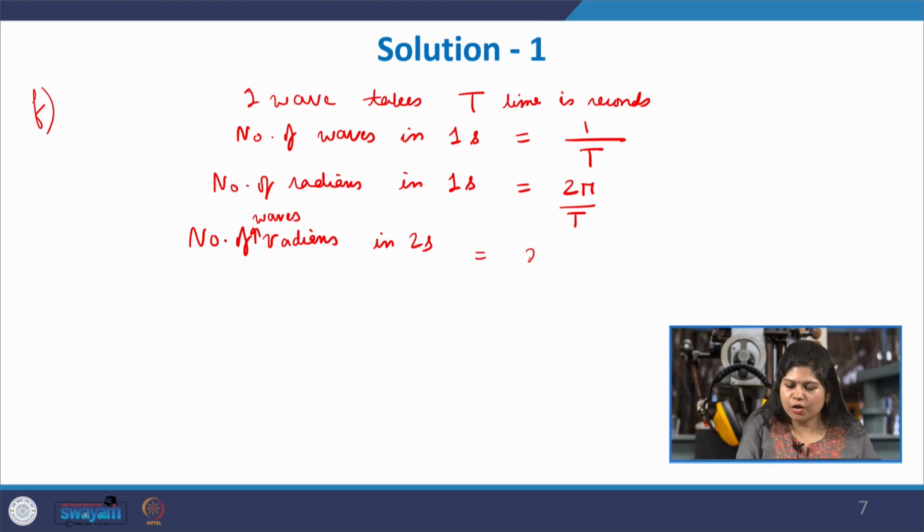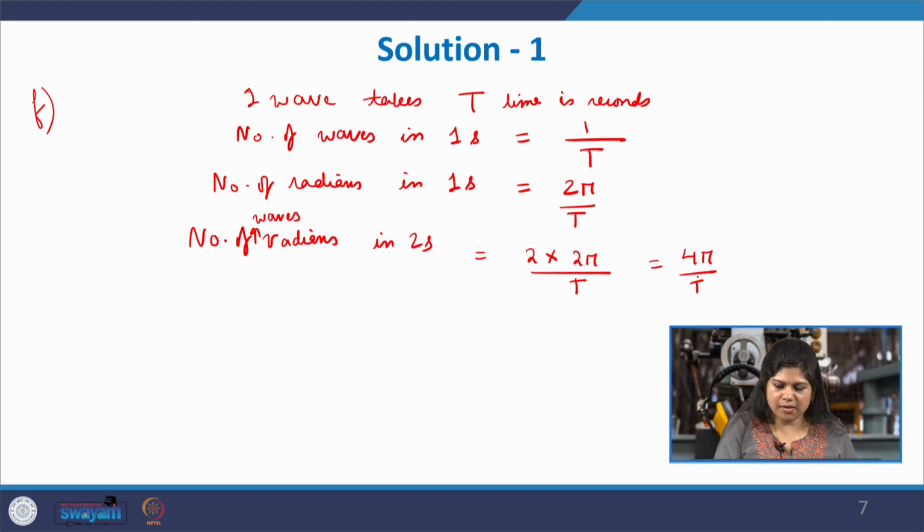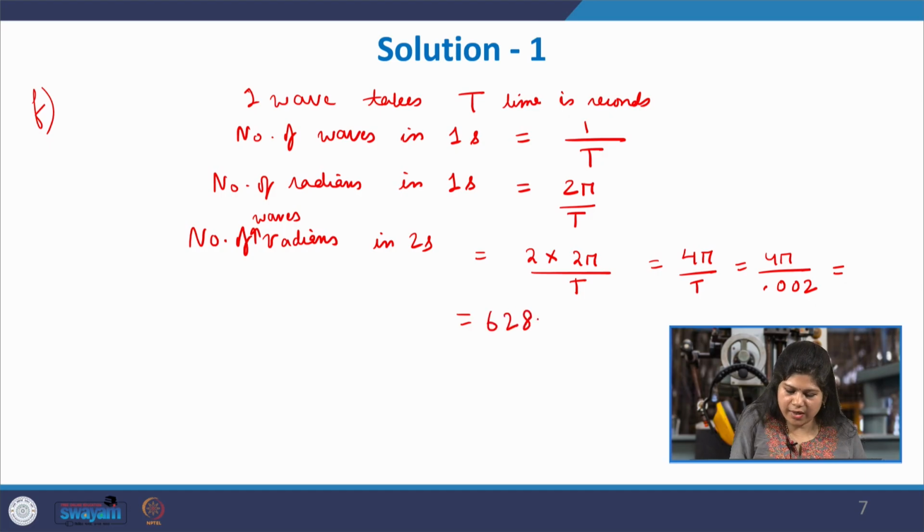So, it should be 2 multiplied by 2 pi by capital T, which becomes 4 pi by T, which is 4 pi by 0.002. Ultimately, the answer that we get is 6283.2 radians of waves that are being created.